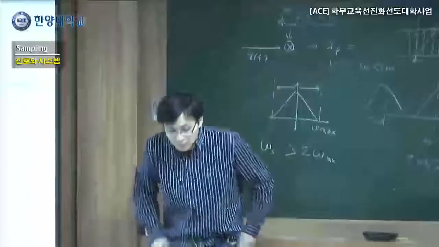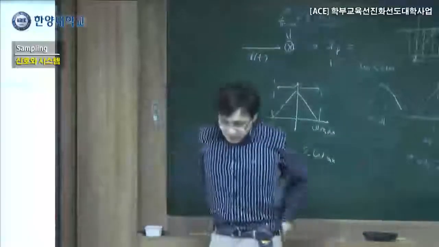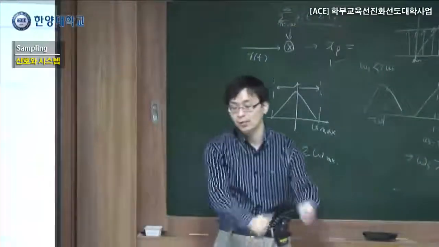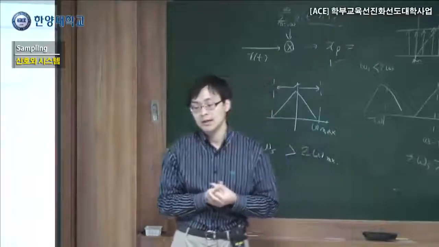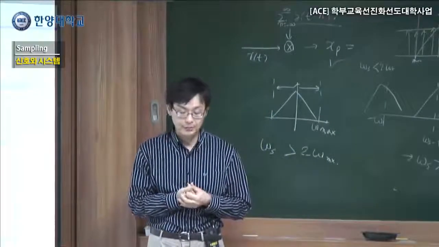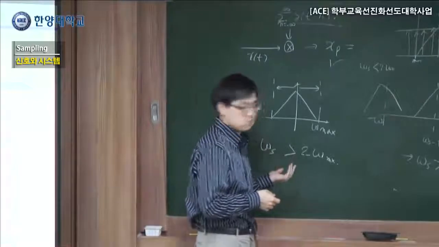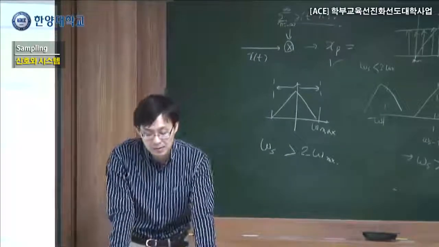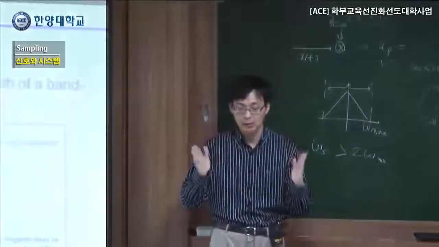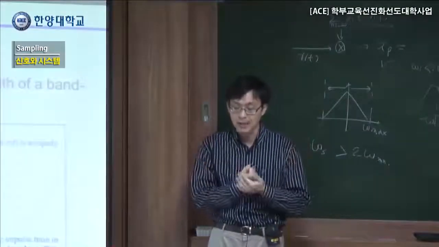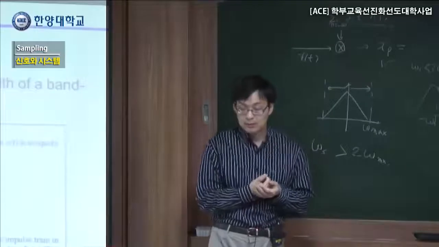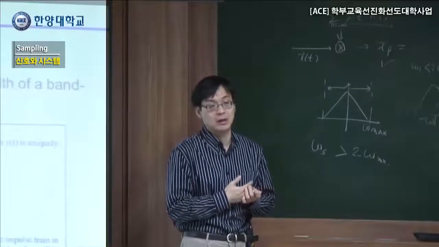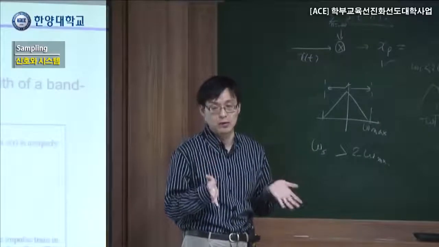So, in short, the sampling theorem is called the Nyquist theorem, or sometimes the Nyquist-Shannon sampling theorem, which says: if X is a band limited signal, which has a maximum frequency omega m, then the sampling frequency should be larger than 2 times the signal's maximum frequency.